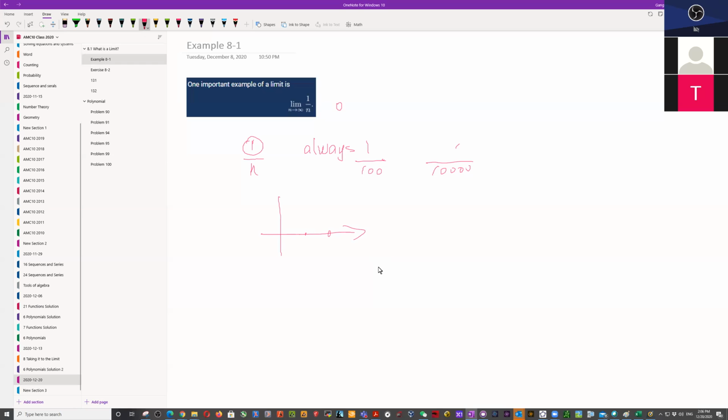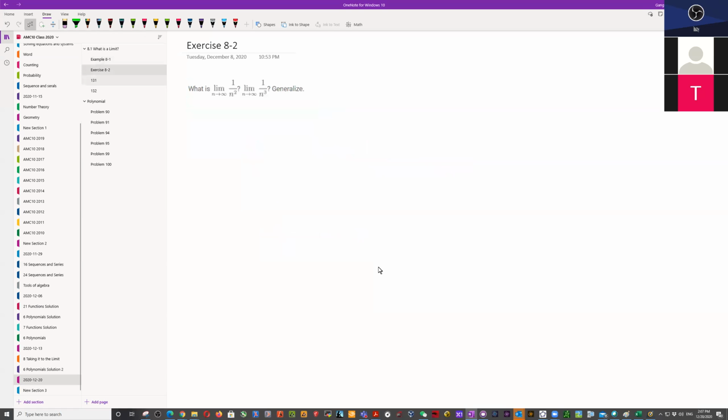No matter how big n goes, the whole number will always be positive. It will never reach 0. On the other hand, it will be smaller than any small number you can name, so the limit is 0. It is the same for n squared, which goes to 0 at a much faster rate, and n cubed also.